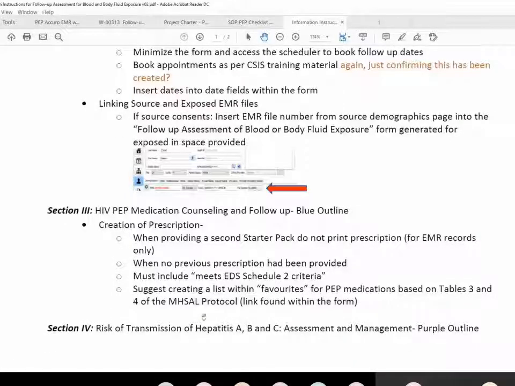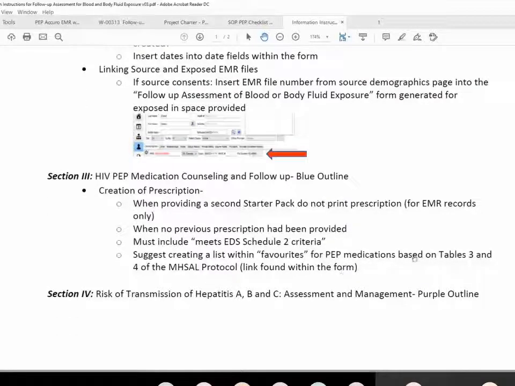The medication counseling piece is what we've spoken about already. One tip we need to make sure we follow when filling out these prescriptions is that we have to write that it meets EDS Schedule 2 criteria in order for it to be covered by any of those options. And I am suggesting that each provider create a list of favorites for all the PEP medications based on tables 3 and 4 of the Manitoba Health protocol, the link is in the form, so that you can pull those up easily when the time comes.